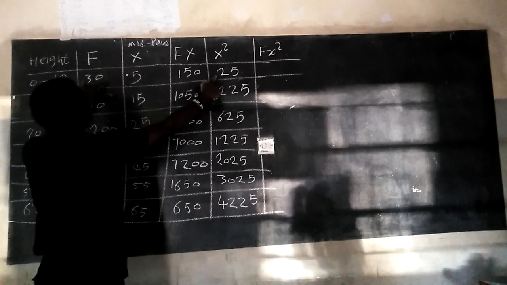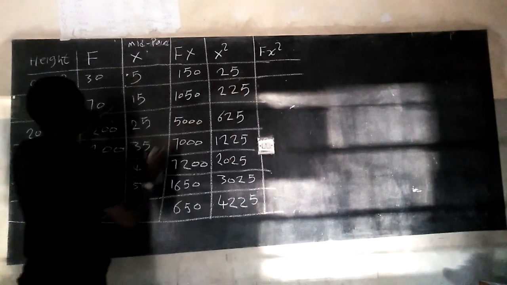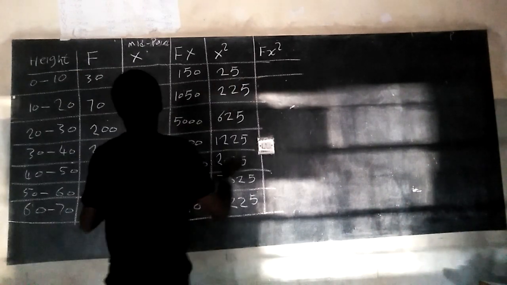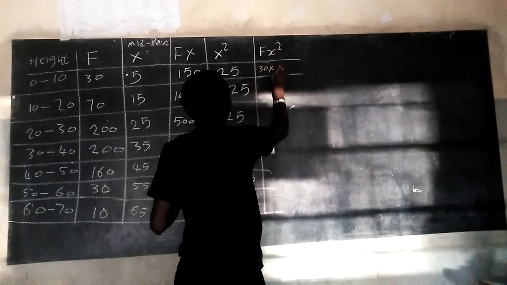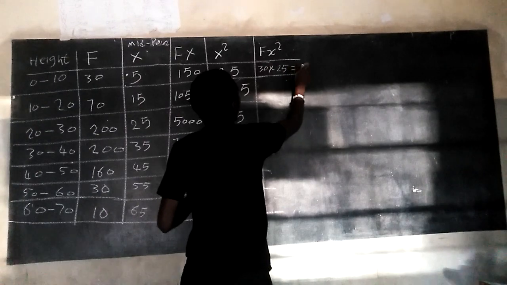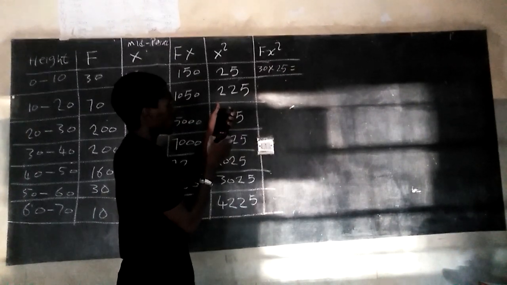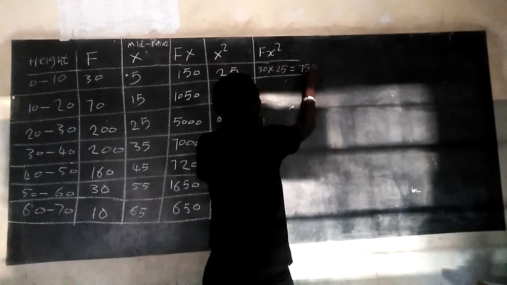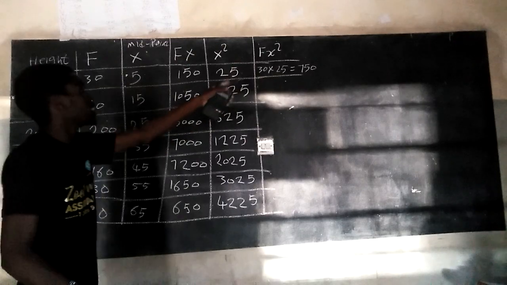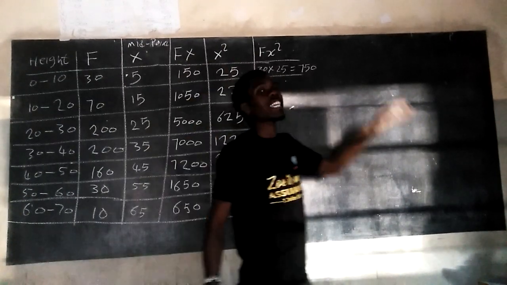So you multiply 30 times 25, and you come up with 750, like the way I did it there. Same applies here, until the whole box, until the last one. As simple as that.